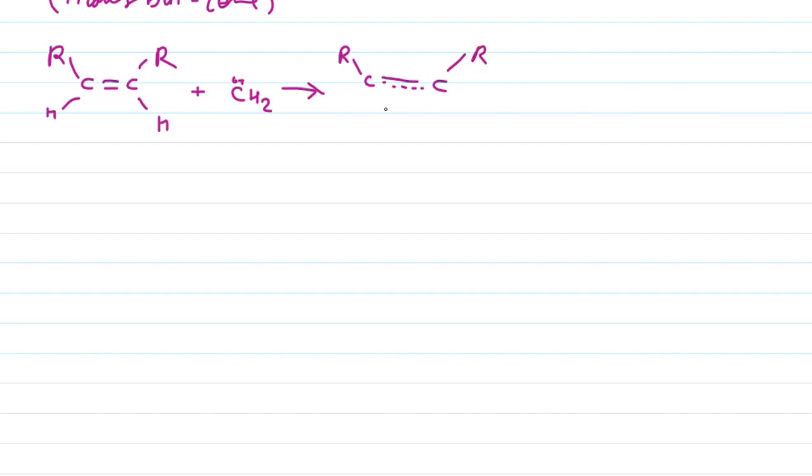This is the intermediate product formed by the alkene and carbene molecule, partially bonded with CH2. This is the intermediate complex.